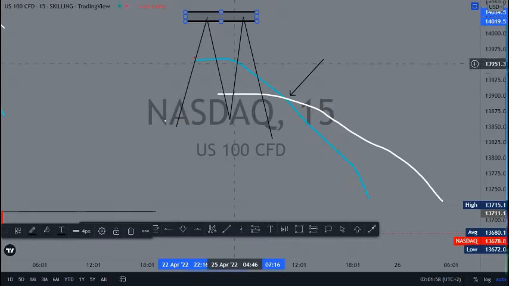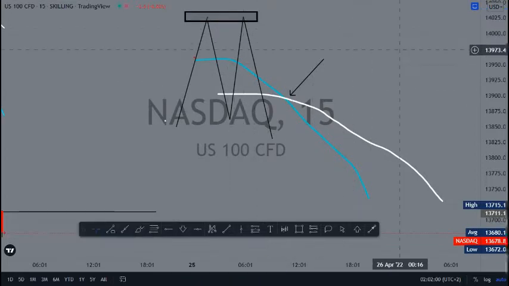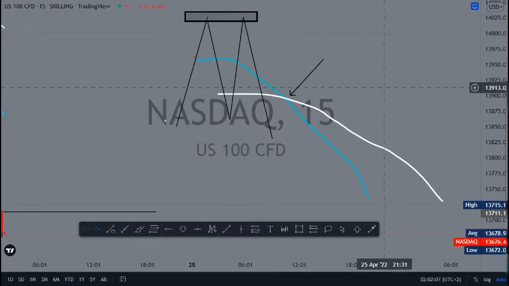From there on, we want to see where we can look for possible entries. After this peak formation, I'm going to look for a reversal back into the range, which means that I will only trade in line with the peak formation. So this is a peak formation high.